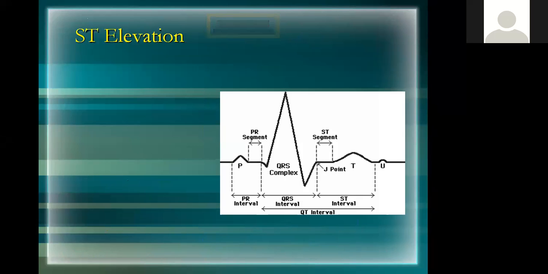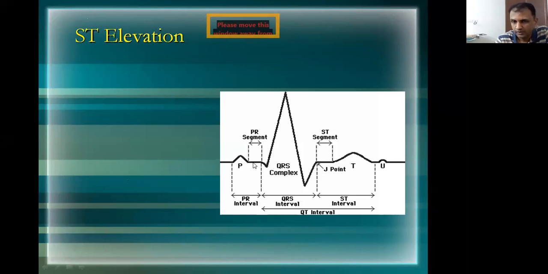This is also the same slide we saw last week. Just to recap, the P wave is followed by the QRS complex and this J point, and then you have the T wave, followed by the U wave in some cases, not all.